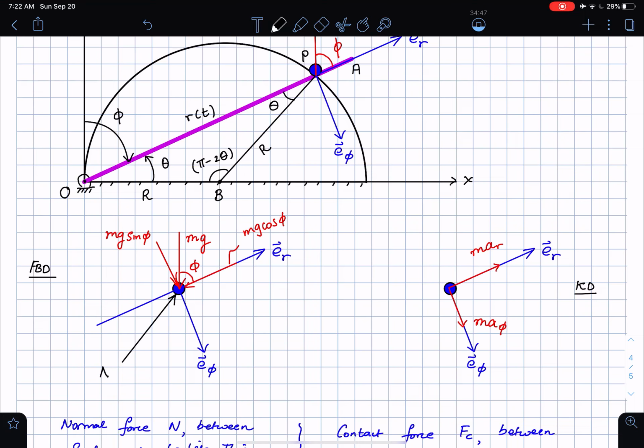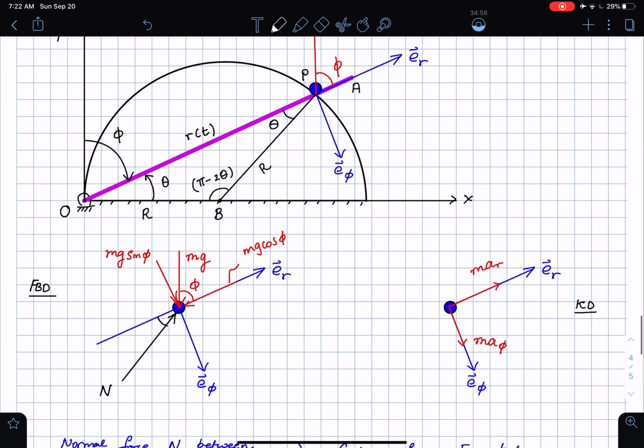So this is my normal force, which means that this normal force is also going to have components along E phi and ER. This angle here is the angle theta, as you can see from the figure, and theta is pi by 2 minus phi. So I can say that the component in this direction for that normal force is going to be N times cosine of pi by 2 minus phi, or N sine phi.